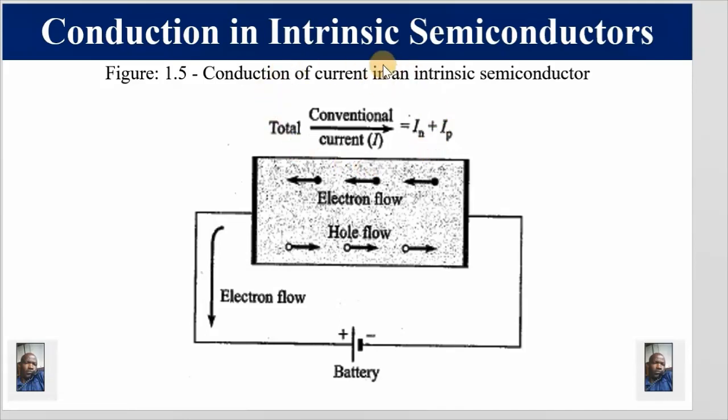Please take note that we have what we call the conventional flow of electric current. It says that current moves from the positive terminal of the battery to the negative terminal of the battery. Hence, in this direction we have the sum of the two currents, and we call this the net current flow.